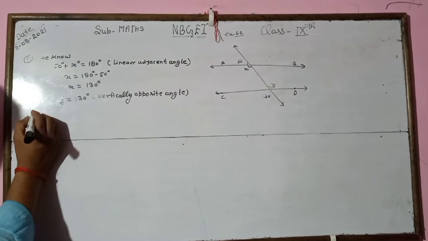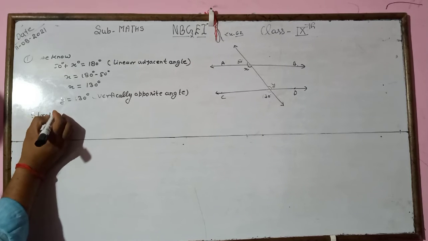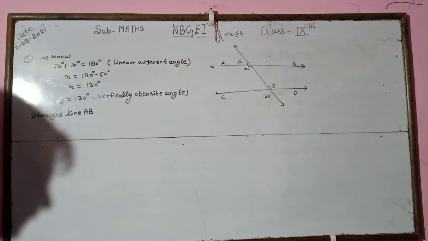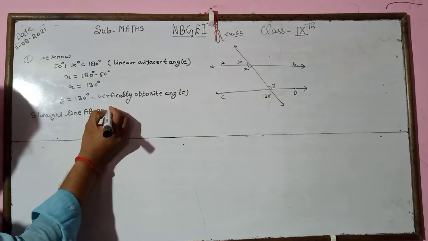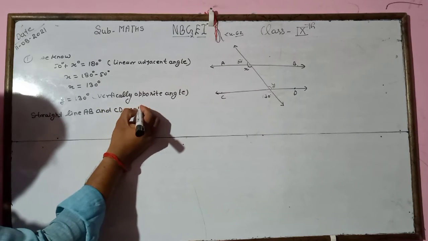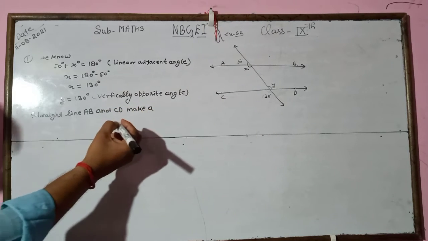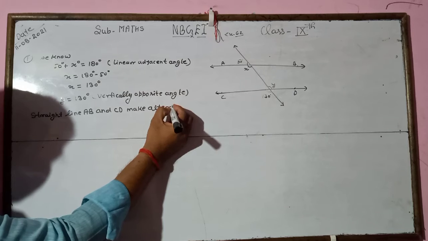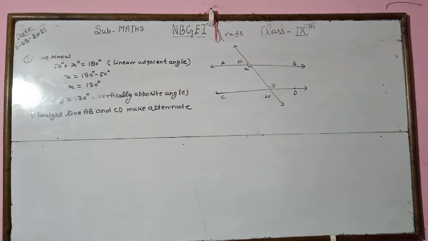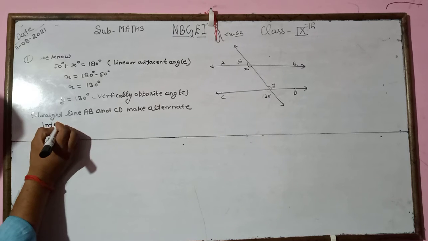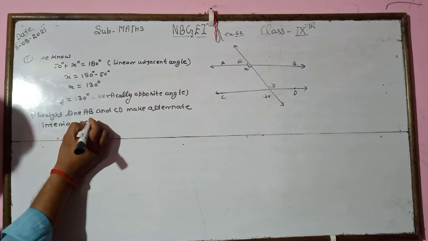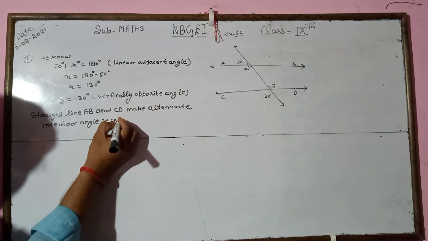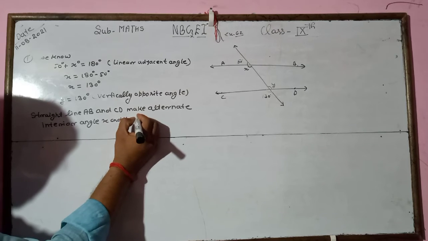Straight lines AB and CD make alternate interior angles x and y with a transversal.